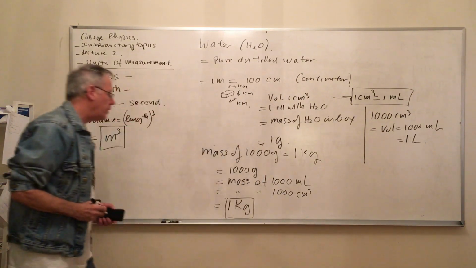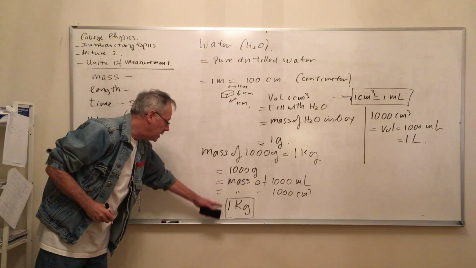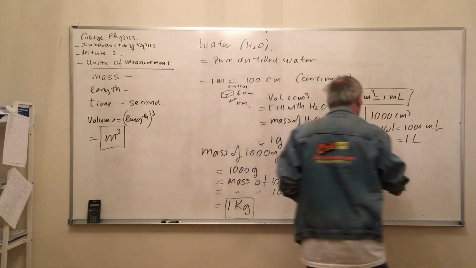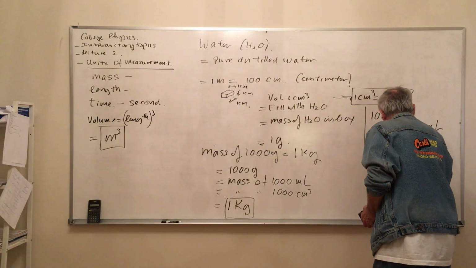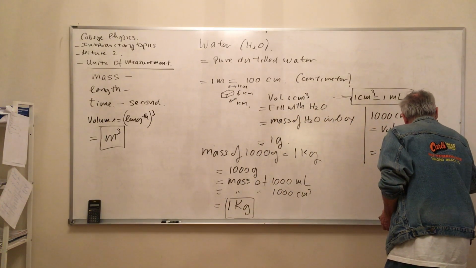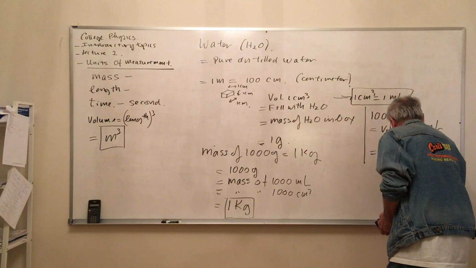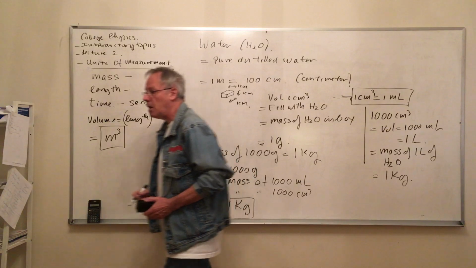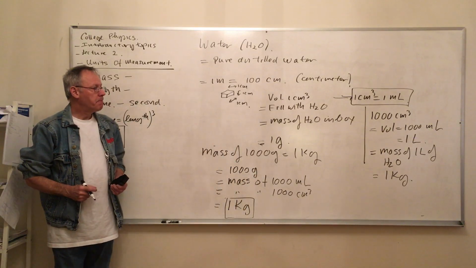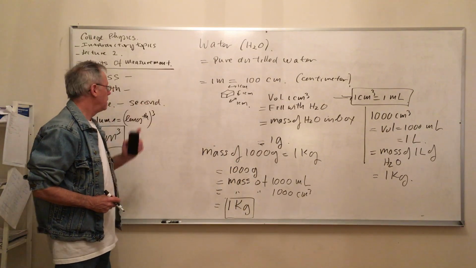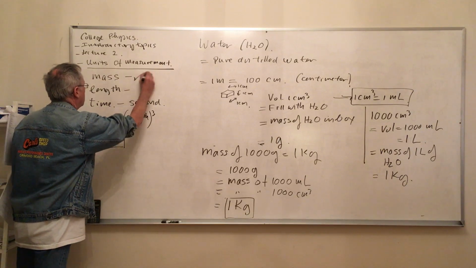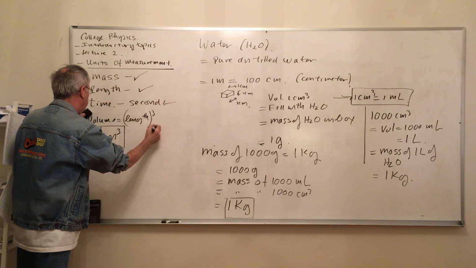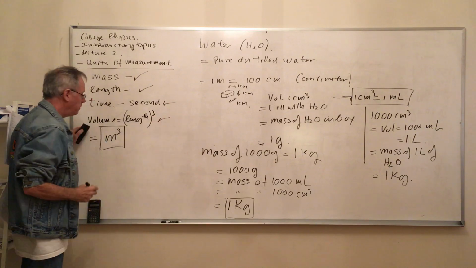And of course, 1,000 of those things, 1,000 grams, is a kilogram. So a kilogram is the mass of a liter of water. So if you want to go out and find out what a kilogram is, get a liter of water. So now we have units of mass, length, and time. Volume units come along.